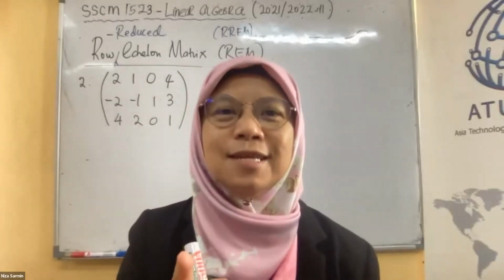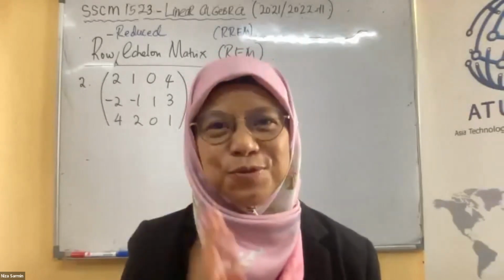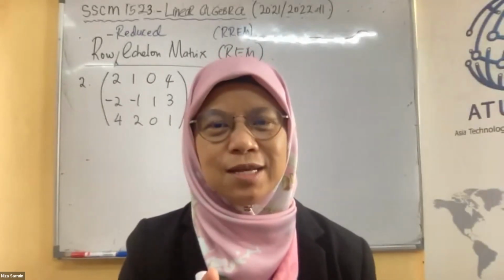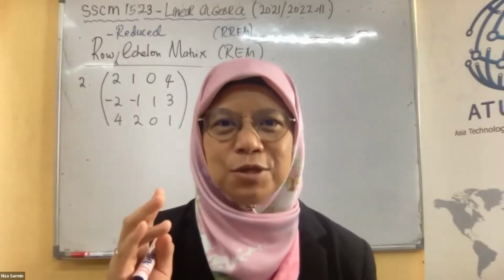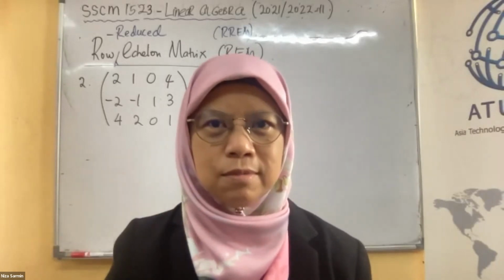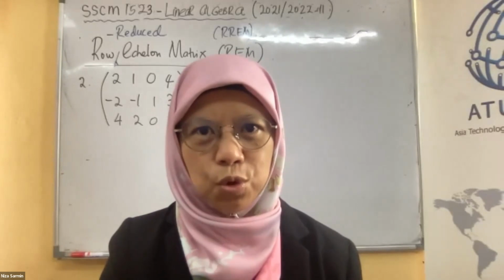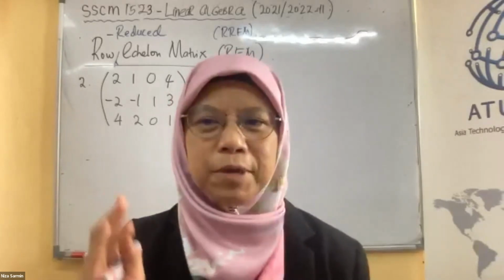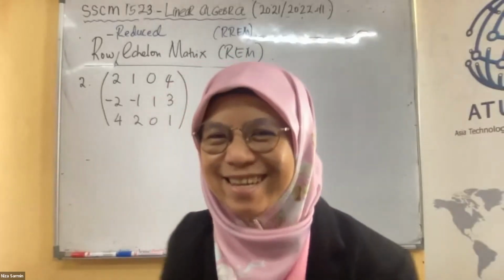You don't need to write. I want to see whether you can understand and share your suggestion on how we will reduce this to a row reduced echelon matrix.